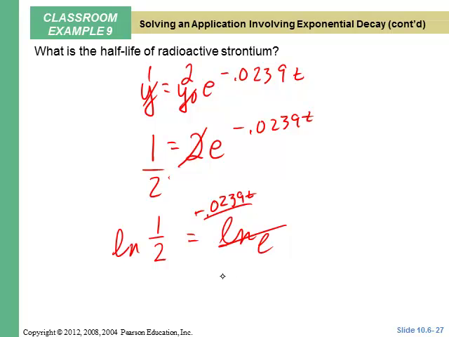Divide both sides by negative 0.0239. We get t is, so let's press it, ln 0.5, close parentheses, divided by negative 0.0239, and we get 29 years.